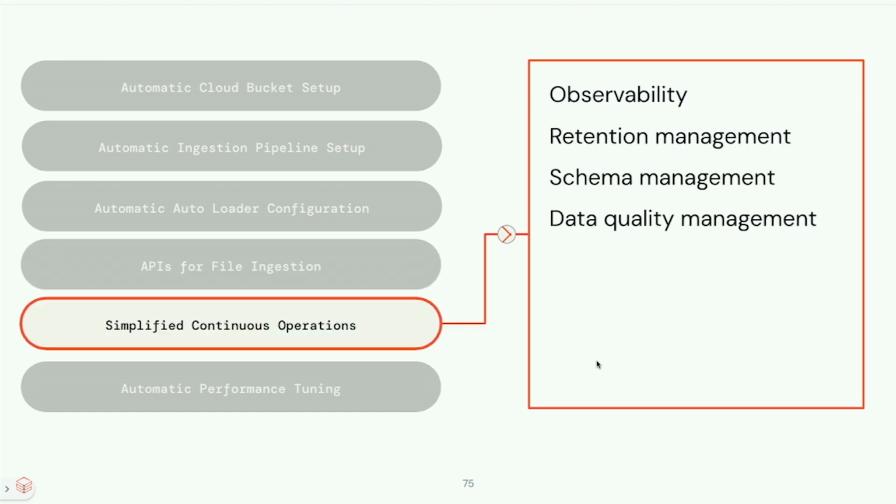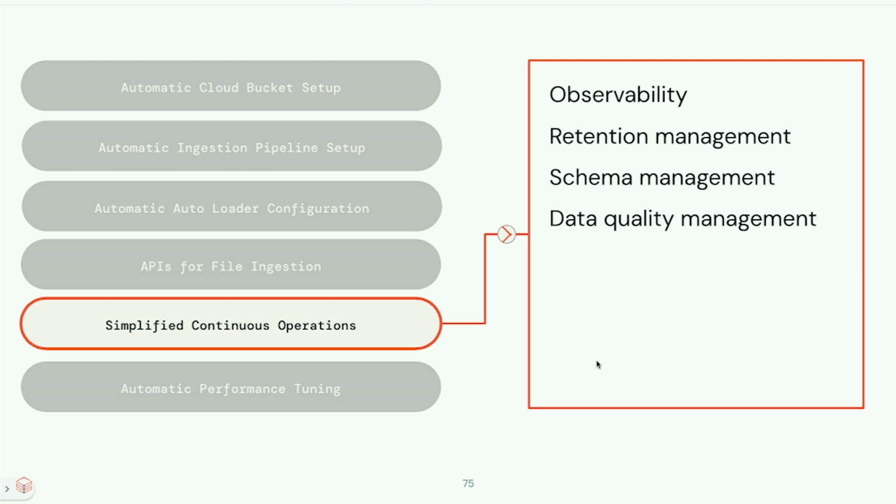Continuous operations. This is probably one of the areas that I'm most excited about for this connector. Historically, Auto Loader has been very flexible and very powerful, and hopefully that's why you all use it, but it also comes at a cost. It's not easy to configure and operate.